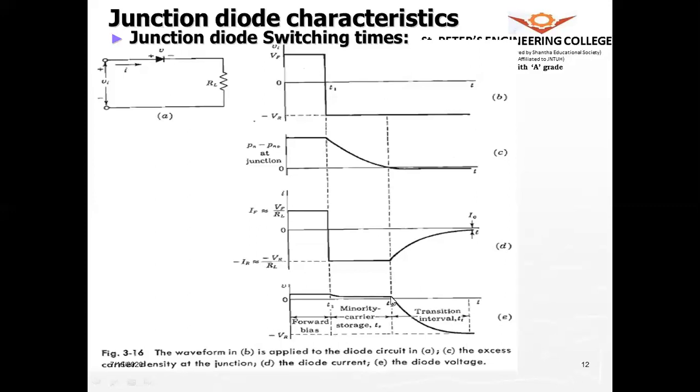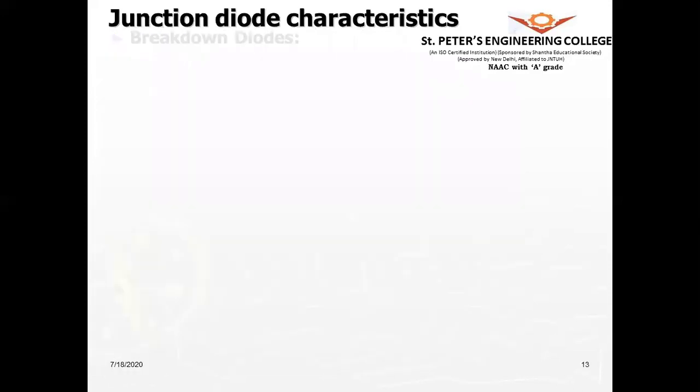The time taken to reach the reverse bias voltage VR across the diode, we call the transition interval Tr. These are the different times that we have to identify. When we identify these times, it will help us understand how quickly or how slowly the diode switches on and off from the conducting to the non-conducting state.